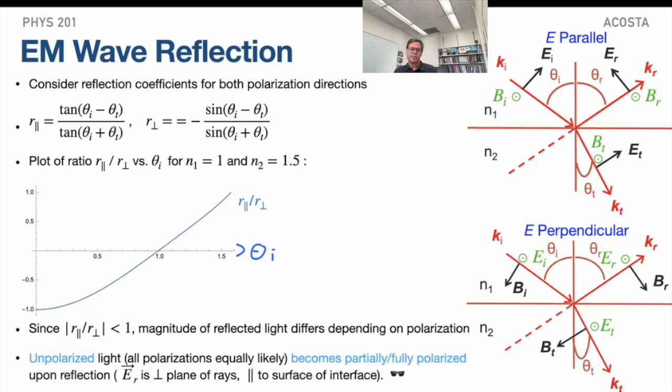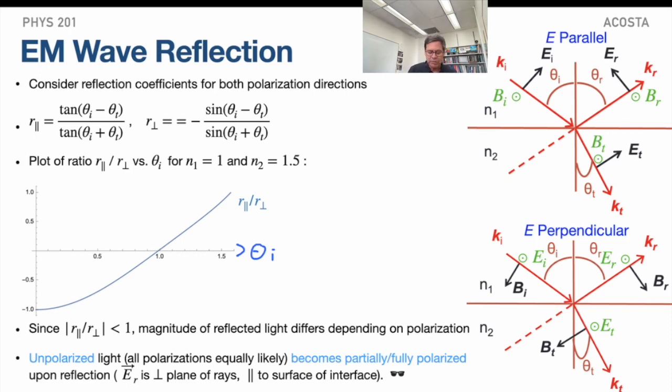Now, unpolarized light is light that's a collection of many, many waves where all polarizations are equally likely. So you have as much that are, say, parallel to the plane of reflection versus perpendicular to the plane of reflection. And what this is saying then is when unpolarized light reflects off of a surface, it will become partially, and at a special angle fully, polarized upon reflection.